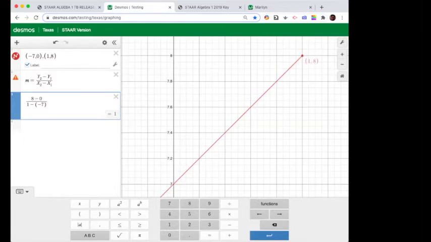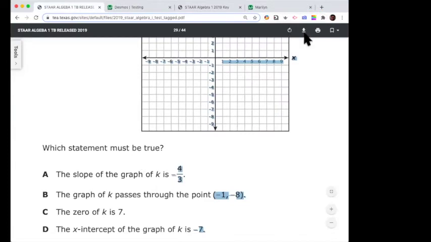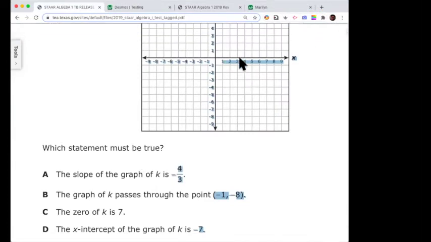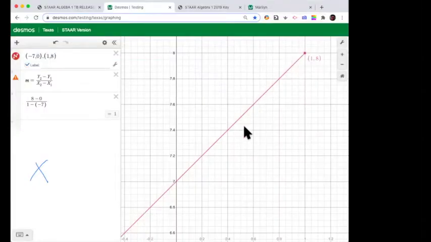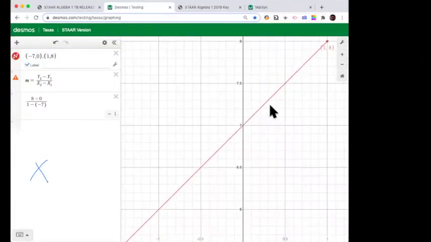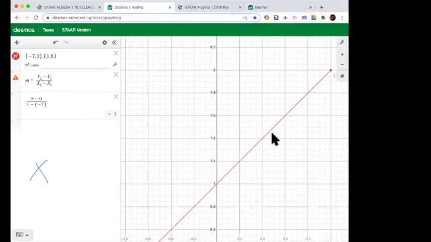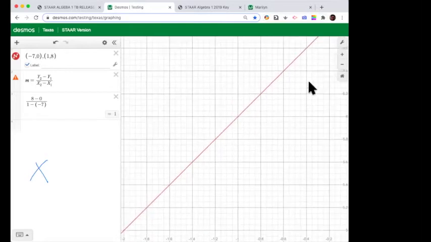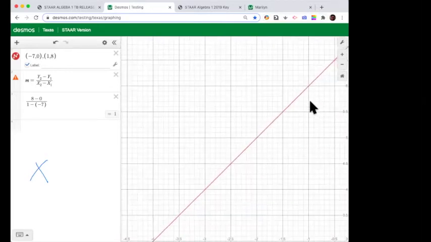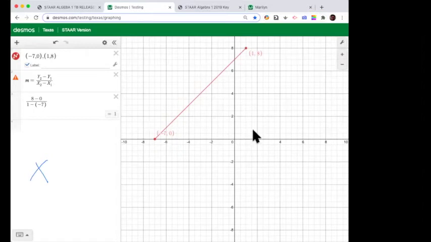Okay, so we look at that, and is that statement true? We find out that if the slope is 1, it's definitely not 4/3 or -4/3. So in any case, let's continue and go back to our calculator. We're back at our graph, looking at where those points are, 1, 8, and -7, 0.